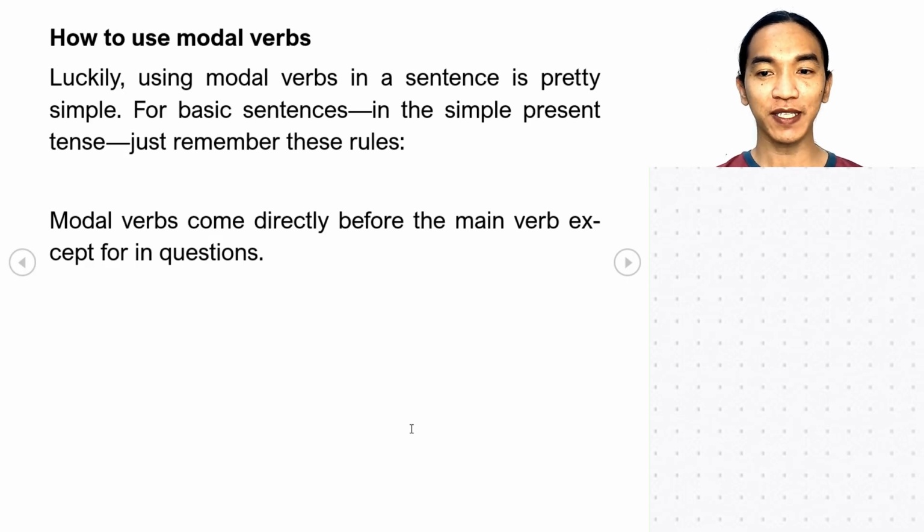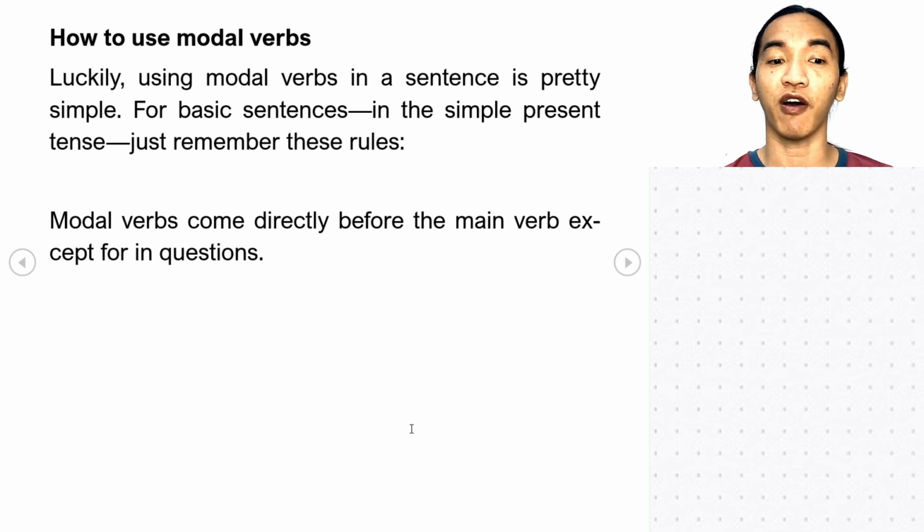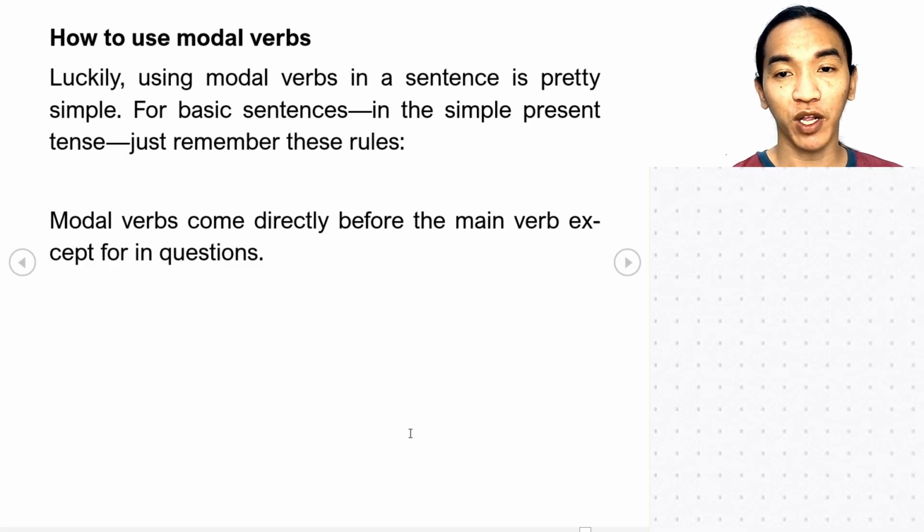Modal verbs come directly before the main verb, except in questions. In simple sentences, just put your modal verbs before your main verbs, and use the base form of your main verb. Except in questions, of course, where you would start with your modal verbs.